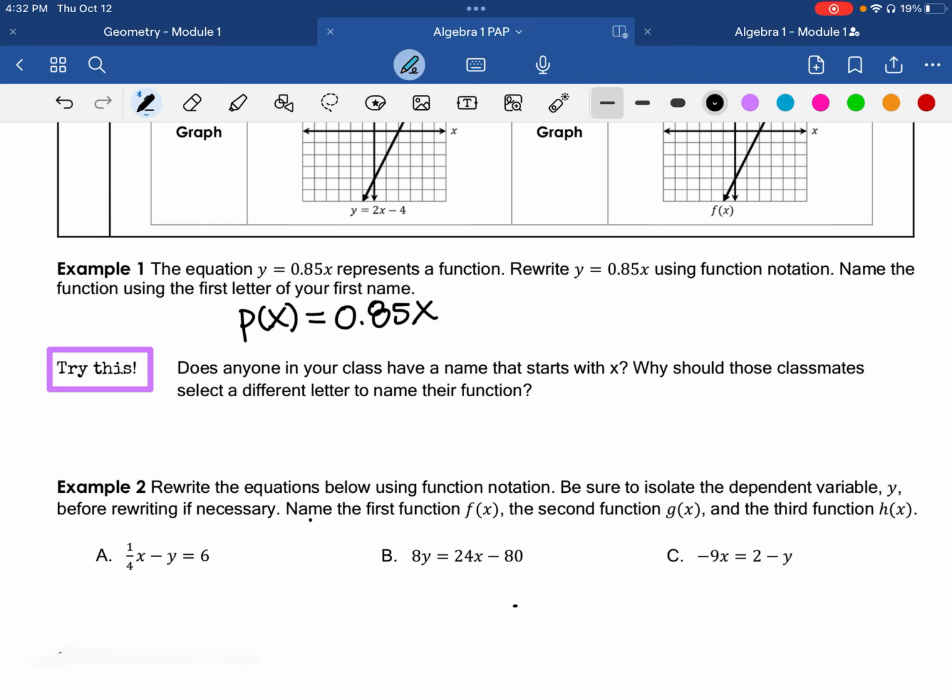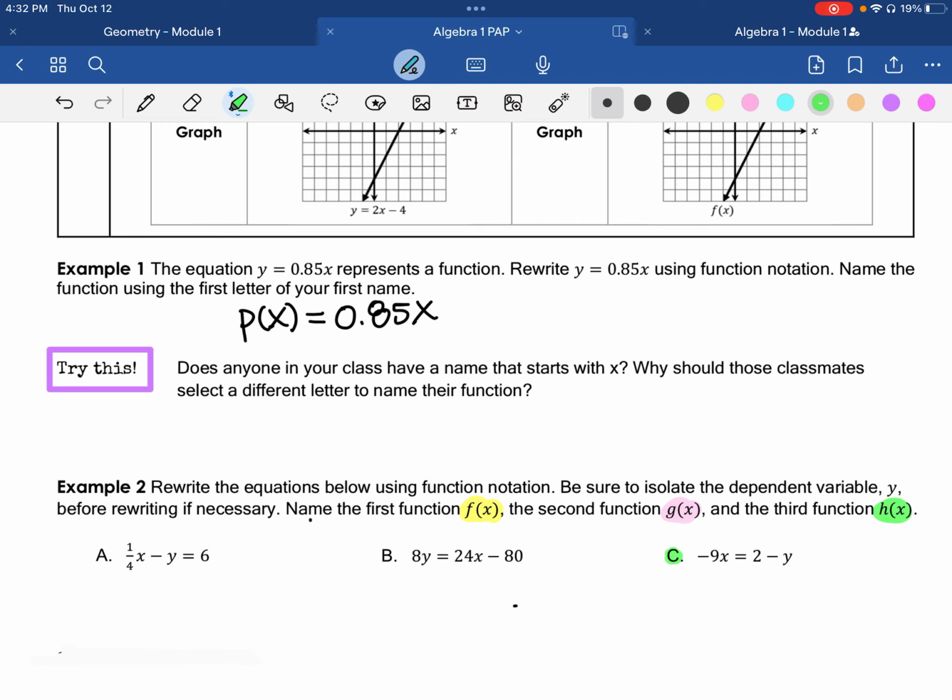Let's go ahead and take a look at example 2. We're going to rewrite these equations below using function notation. But first, we have to make sure that we isolate the dependent variable y before rewriting if necessary. And we're going to write our first function as f of x, and our second function is g of x, and our third function is h of x.